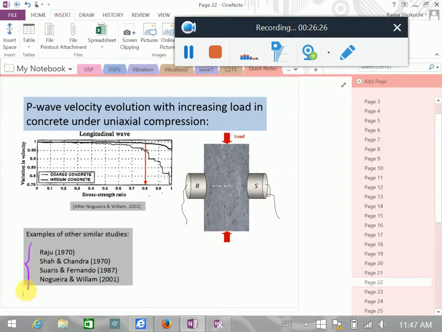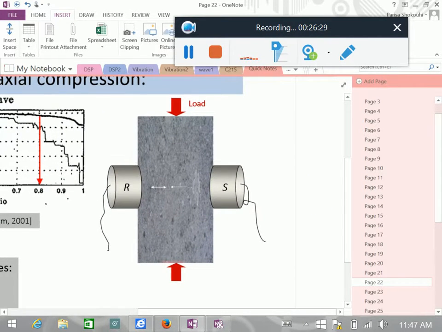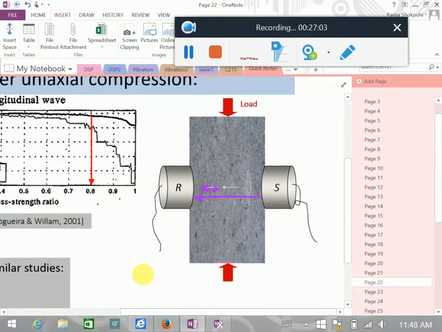Most of these experiments look like what I'm showing you here. You are loading a sample, here uniaxially compressing it, and you have a pair of transducers in transmission, measuring P-wave velocity. The propagation direction is from S to R, sender to receiver, and this little arrow is particle displacement or velocity, so we are talking about P-wave velocity.